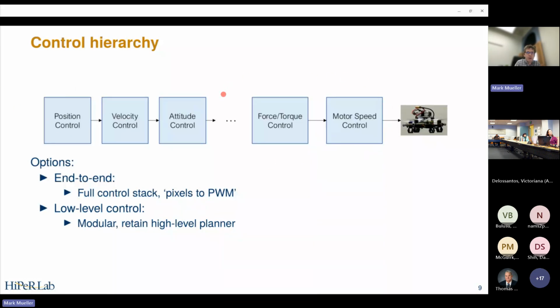Another approach is to look at the low-level control, and this is what we will in fact be doing, where the low-level control is the part that interacts with the physics. The models required at the position and velocity level are typically kinematic models: the derivative of position is velocity, the derivative of velocity is acceleration, and there's not much physics entering yet.